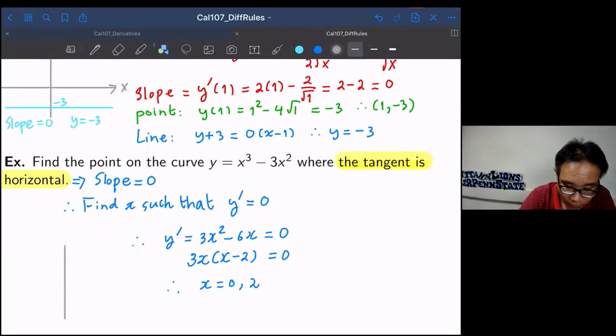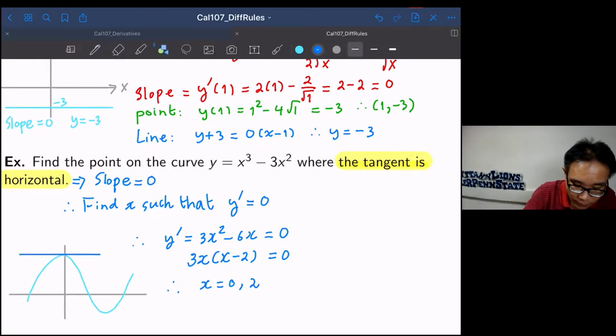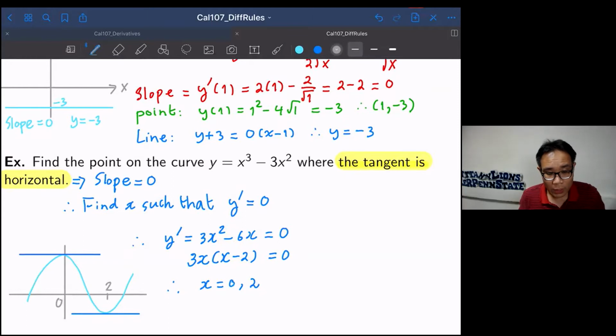I'm going to draw something where you have x equal to 0 and x equal to 2 for this kind of slope. The graph you have here is going to look like this. You see that you have the tangent line at 0 and the tangent line at 2 that are horizontal lines.